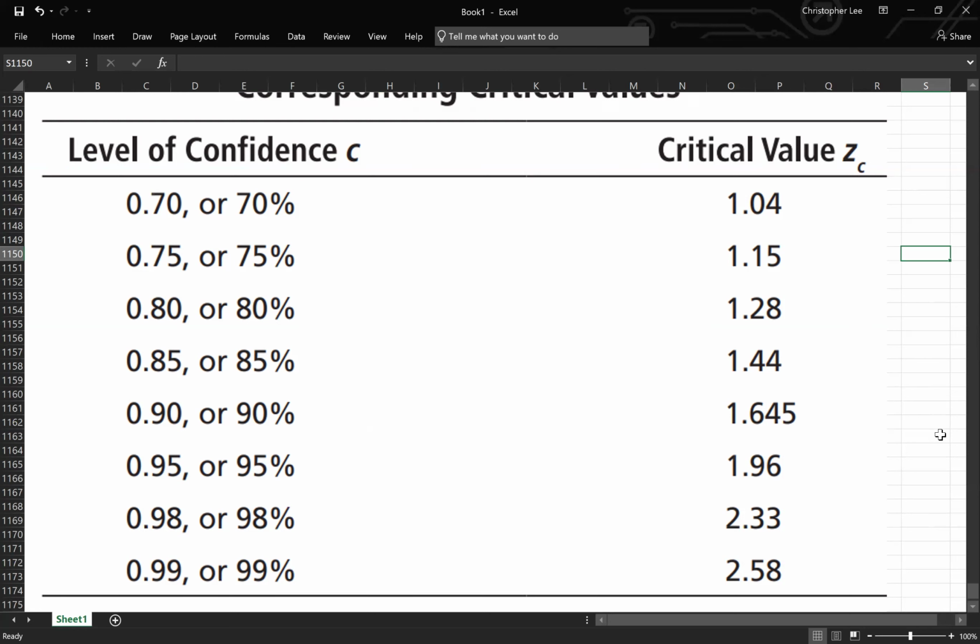This is if you don't want to go through that whole process of doing the inverse normal to find it and stuff like that. But it only works for these given confidence levels. So if you see a confidence level that's not here, you have to use that other process, the inverse normal, to get the actual Z critical that I'm looking for.